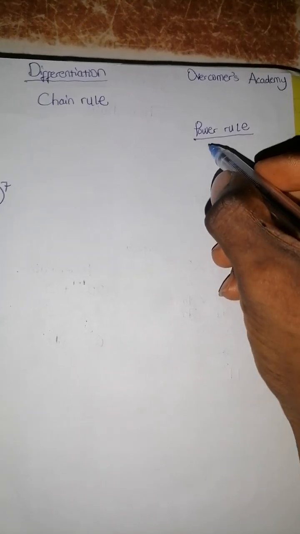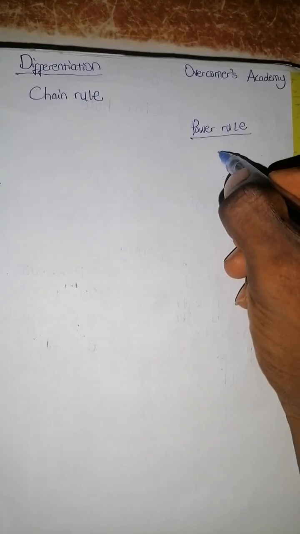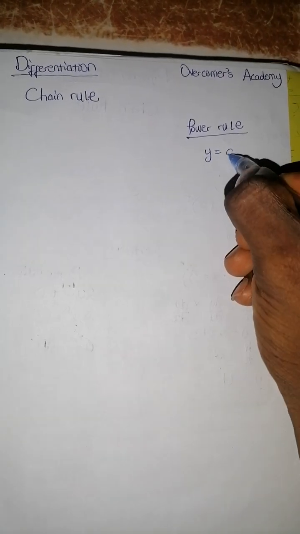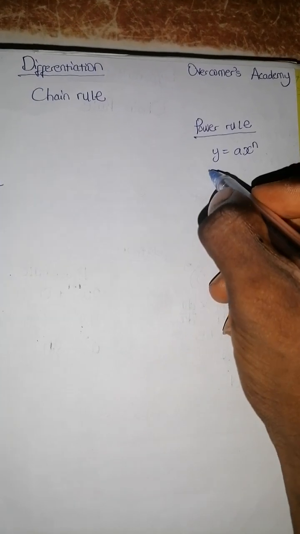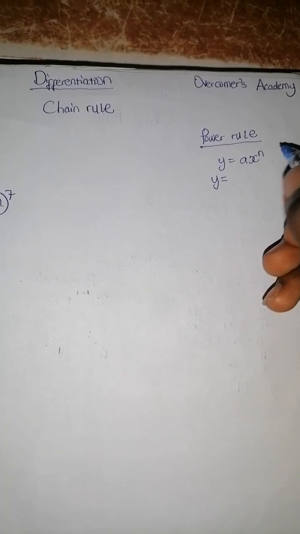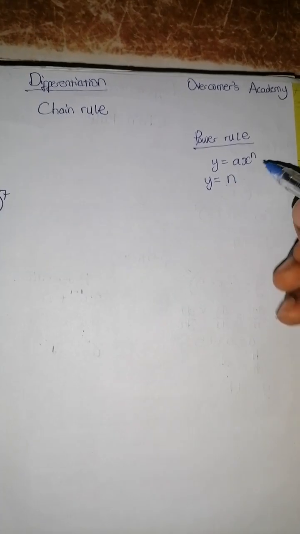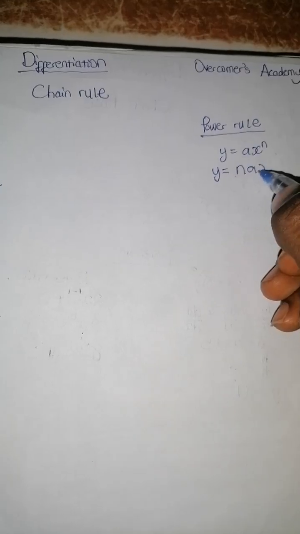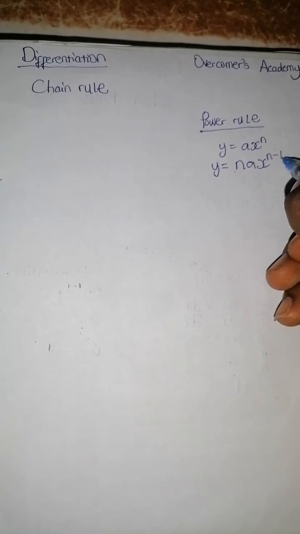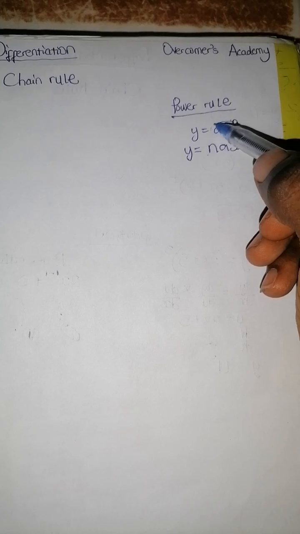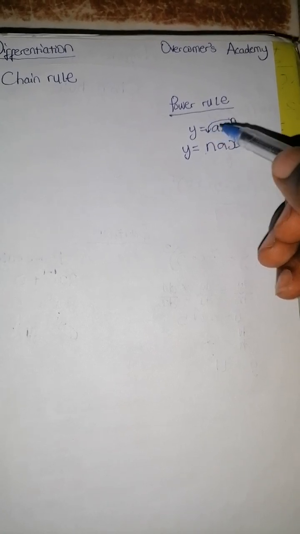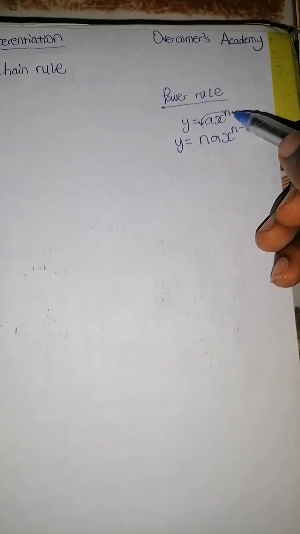So it is that if you have something like this, y equals ax raised to the power of n, your power rule says this way, that your y will be equal to n ax raised to the power of n minus 1. Now, what just happened? This n just came down to this point. As you can see, it just came down here. And then I just subtracted 1 from n.